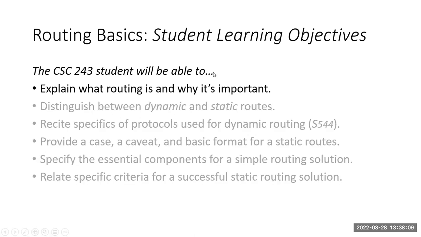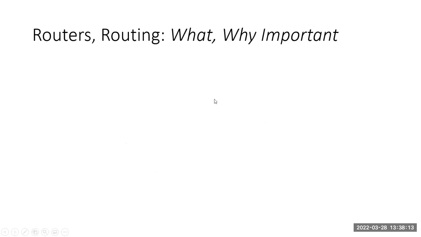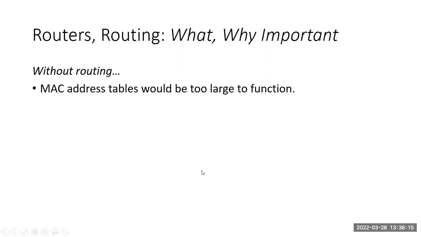No questions. Okay, so let's explain what routing is and why it's important. Okay. Without routing, MAC address tables would be too large to function. The MAC address table on layer 2 on a switch, well, yeah, you could build a switch that's got enough memory for a larger and ever larger network, but eventually you'd run out of memory.